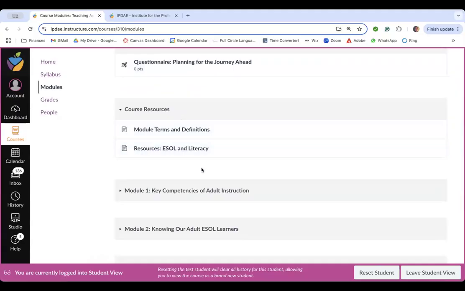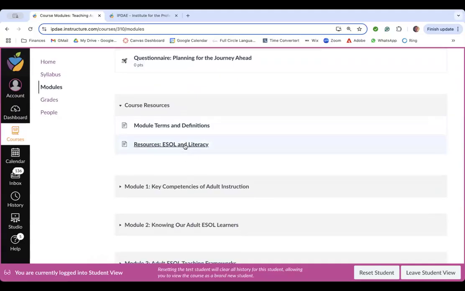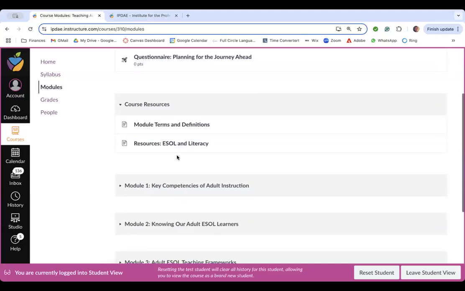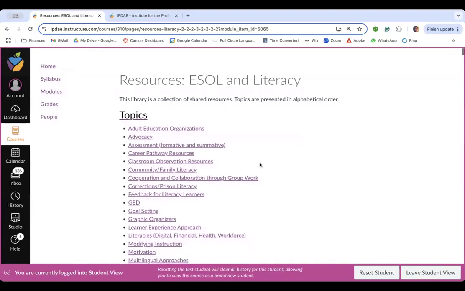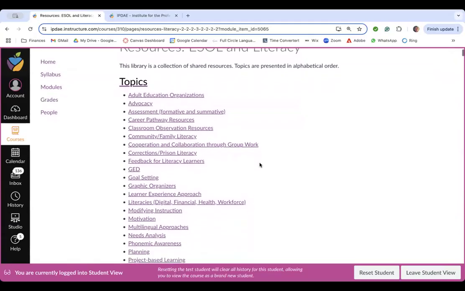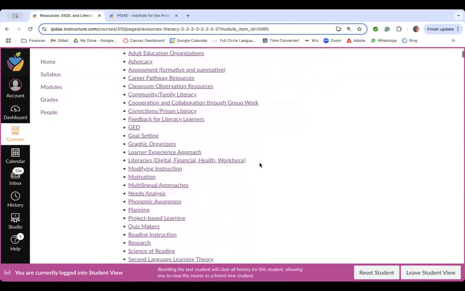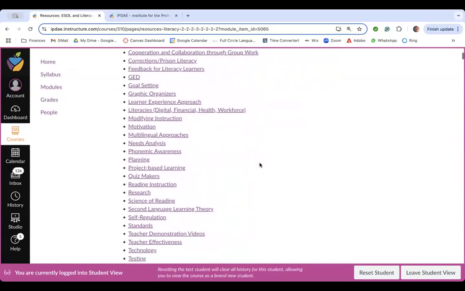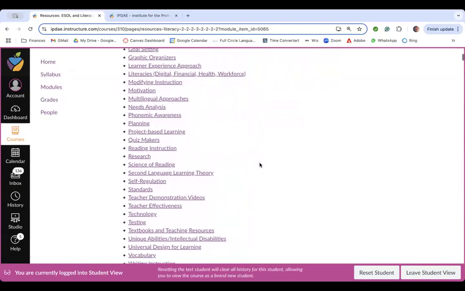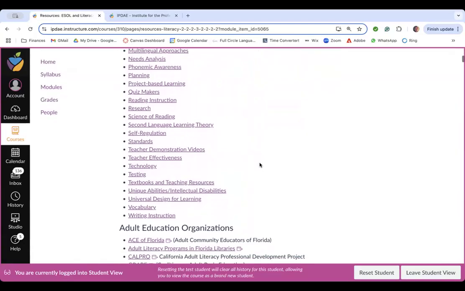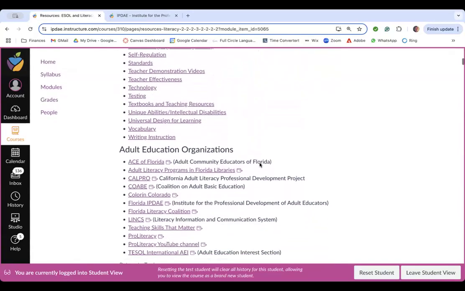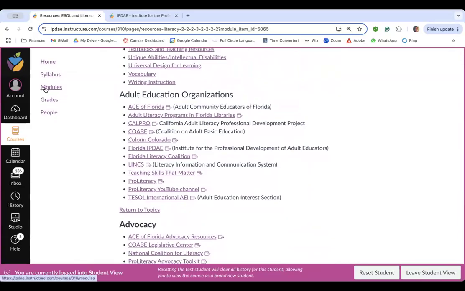So one place to have all of our course terms and definitions, as well as a resource for ESOL and literacy that's really an incredible resource that has been really a library, right, of resources on these topics that is a work in progress, always adding to. So you can see some of these important topics to us as adult educators that you can utilize, that we do utilize in the course, and that you can utilize and share with your colleagues as well.